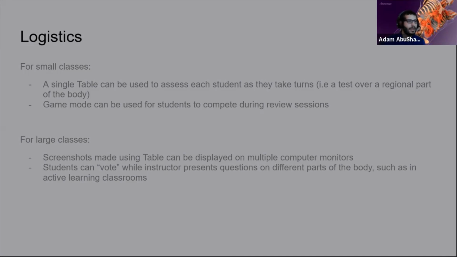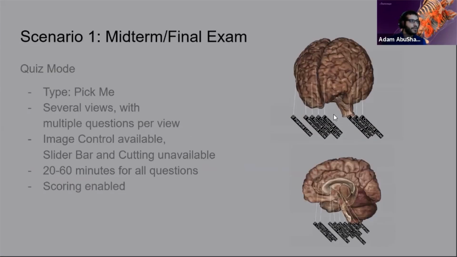So I'd like to go ahead and present some scenarios where you might like to use feature lock or quiz mode. For example, if you have a midterm or final exam over a specific part of the body, you could use quiz mode to perform the assessment. And here are just some recommendations about how you would like to customize that quiz mode.